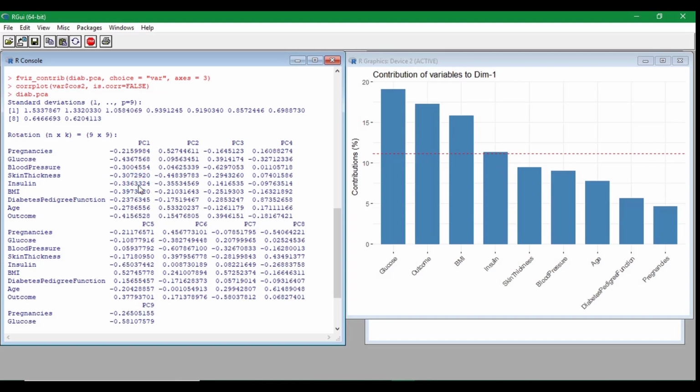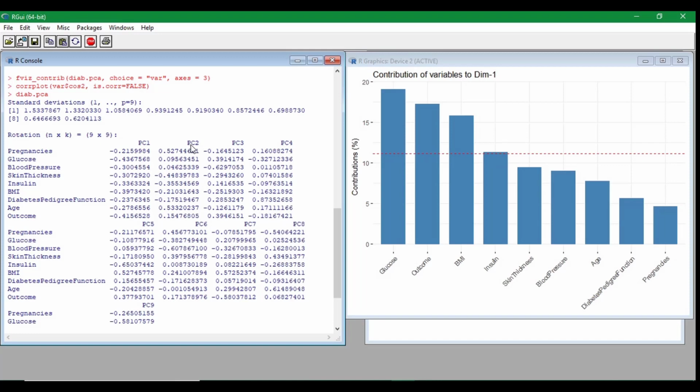Now, what this is saying is for a decrease in glucose and a decrease in the body mass index and a decrease in insulin intake, we see a decrease in the outcome of persons having diabetes.